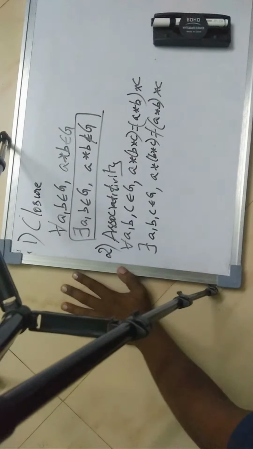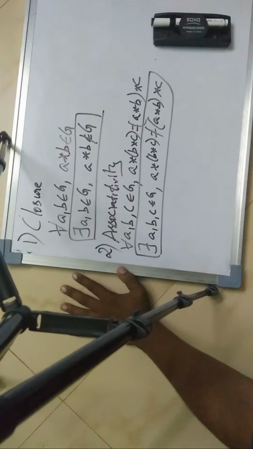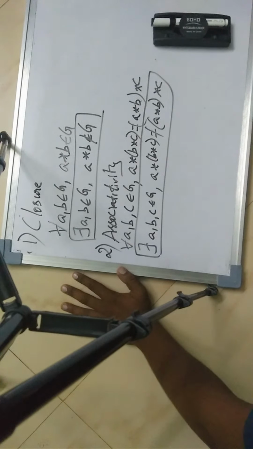Okay, so this is what you need to prove when we are going to say a given set and a binary operation does not satisfy the associativity axiom.